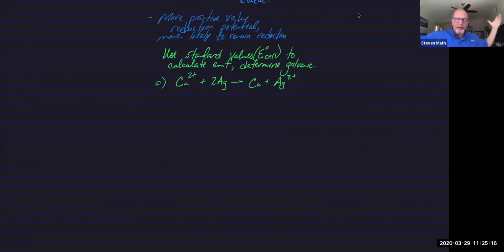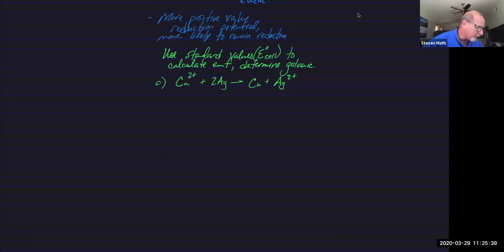Why did we have to learn net ionics? They were the most impossible thing. They destroyed my grade first quarter, second quarter. I hated them. They don't make any sense. Well, here's where we need net ionics. We only need to know the species that are changing. So we have a bunch of nitrates floating around in this cell, and we're not worried about those. They're not creating any electrical potential, nor are they useful to us.